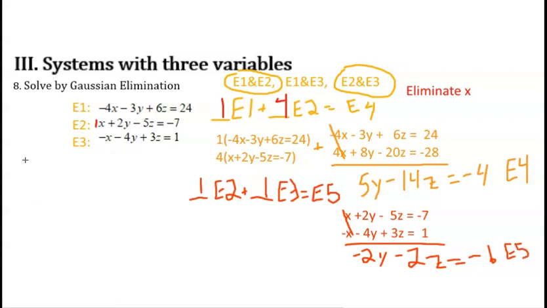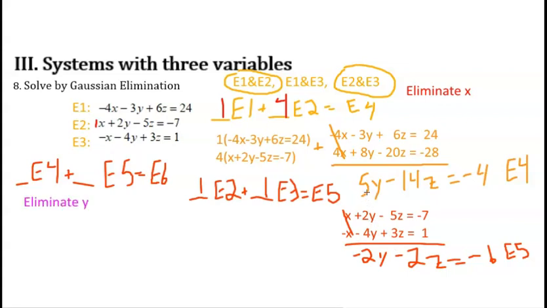From there, we want to have something times E4 plus something times E5 equals E6. Now it doesn't matter if you eliminate x or y or z. We've already eliminated x. Now we can either eliminate y or eliminate z. We'll go ahead and eliminate y here.